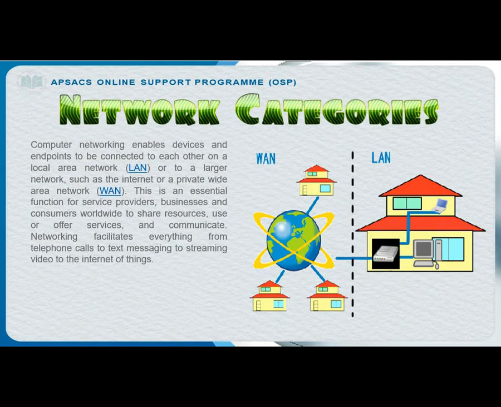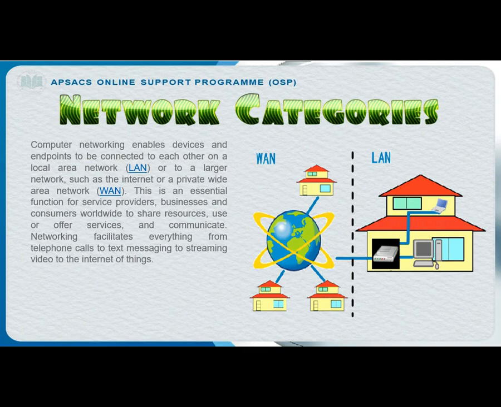Now move on to network categories. We have two categories. Number one is LAN, local area network, and another is WAN, Wide Area Network. Networks are split into two categories concerning the geographical distance between connected devices.